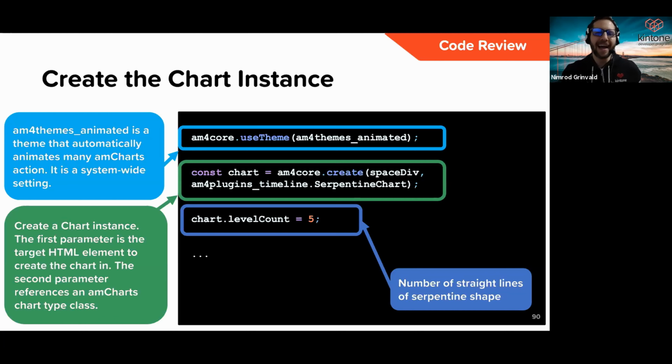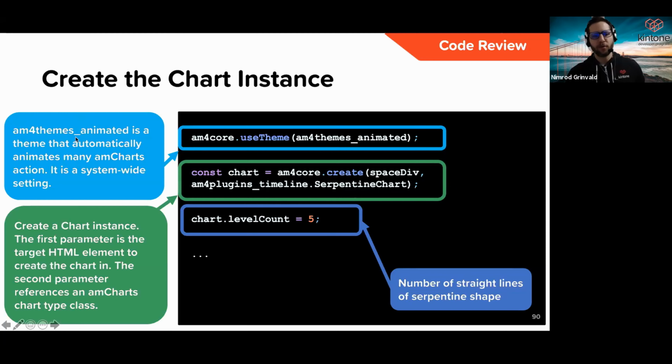What you see next is us beginning to call the objects that are in the global scope that we pulled in from these amCharts scripts, like am4core, am4plugins_timeline, am4themes_animated. These were all put into the scope by these other libraries that we instantiated before we got to our sample code.